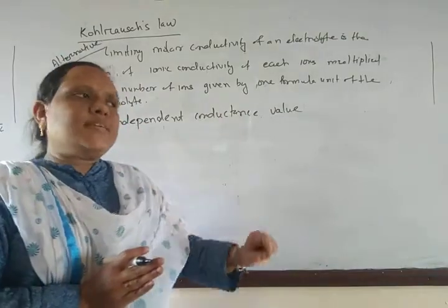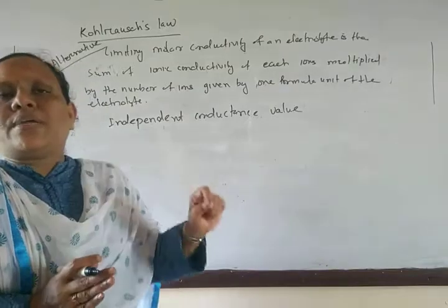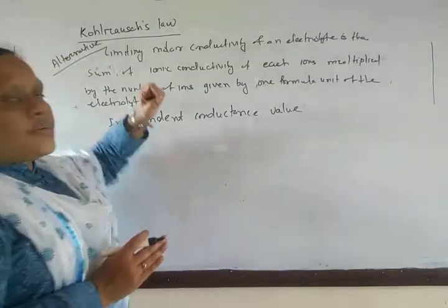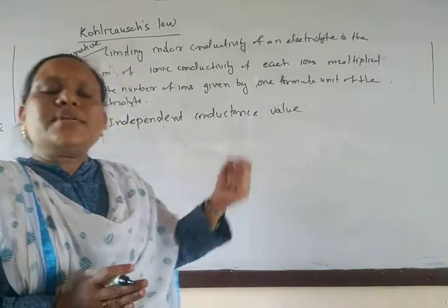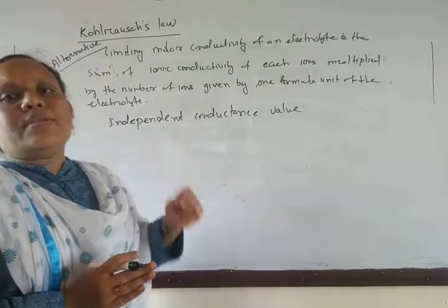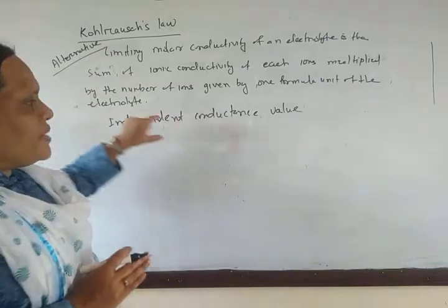Similarly, Na plus has the same conductance value in every case. Similarly, the NH4 ammonium ion has the same limiting conductance value at infinite dilution whether it is linked with Cl minus ion, OH minus ion, Br minus ion, etc. So that means independent conductance value.